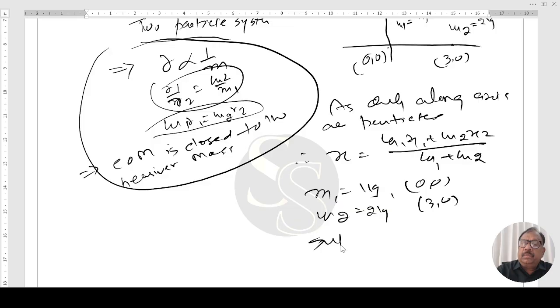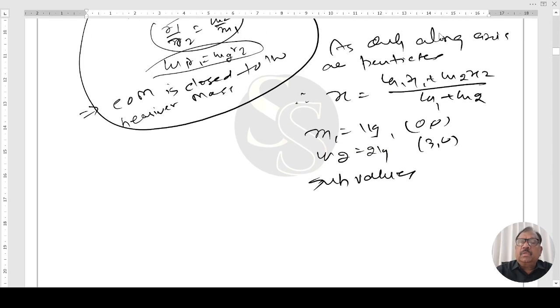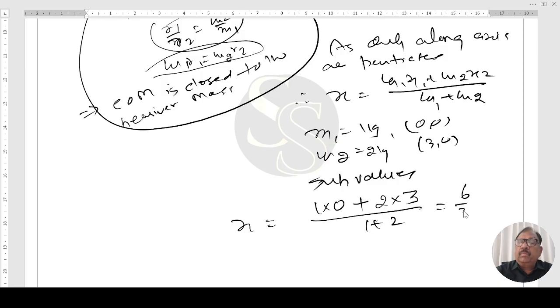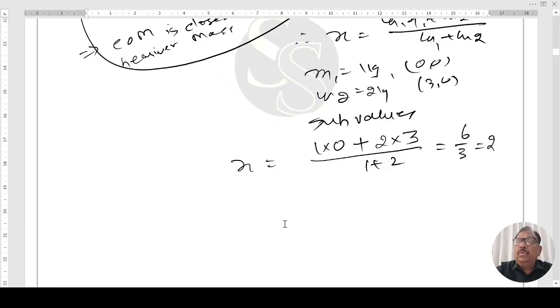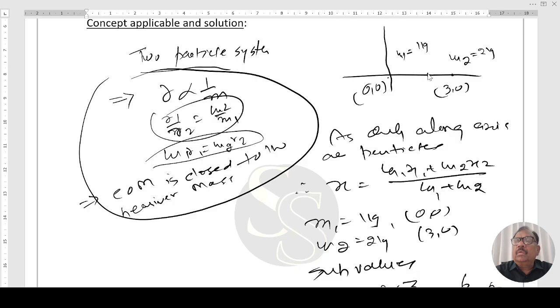Therefore substituting values, we get x equal to 1 into 0 plus 2 into 3 divided by 1 plus 2, 6 divided by 3, that is 2. 2 centimeter means center of mass will be at 2 0.